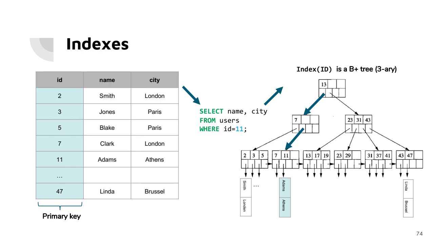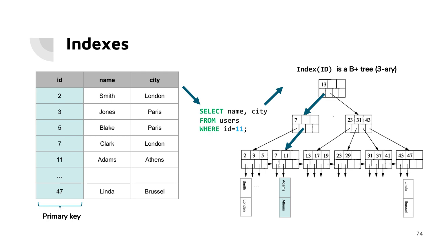It has these semantics: if the ID is bigger than 13, go to the right. If the ID is smaller than 23, go to the left. If it's between 23 and 31, take that row. If it's between 31 and 43, take that row, and if it's higher than 43, go that way. So it's more than one split; in this case, you have 3 splits.